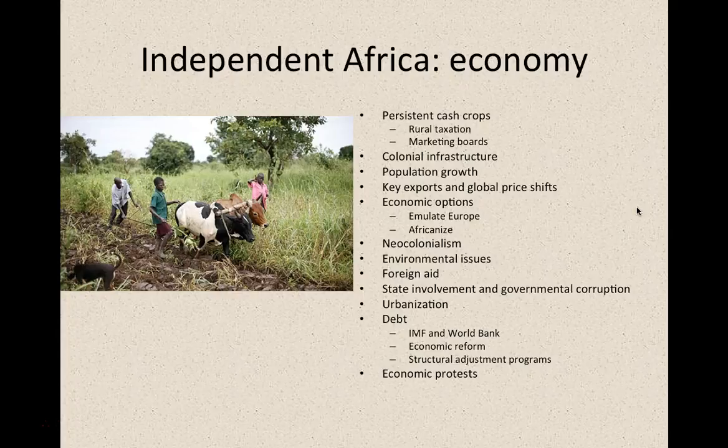So the moving of resources, or rather of profit, from one sector of the economy to try to build up the other sectors really did not work for a number of reasons.